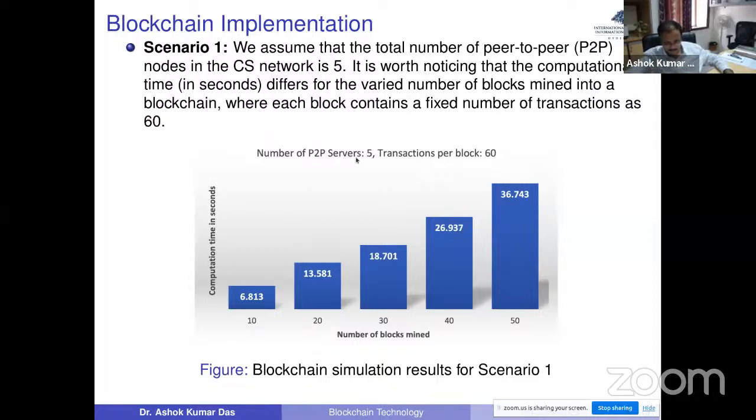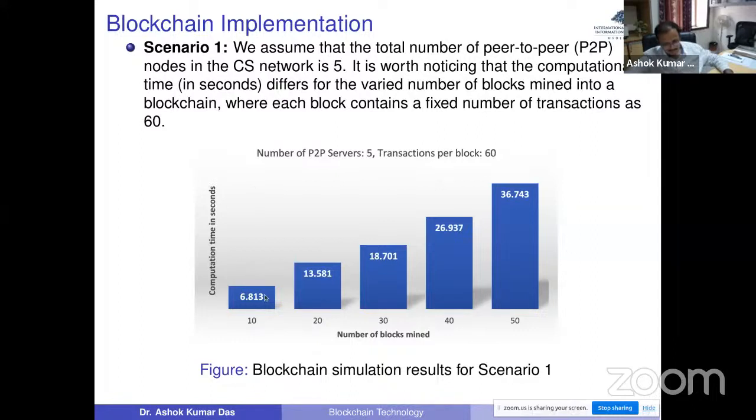We have created the virtual servers. Then we have taken the number of transactions per block as 60. Then we mine, for example, 10 blocks, computed the computational time in seconds, then 20 blocks, 30 blocks, 40 and 50 blocks mined. So we measured the computational time required for the mining purpose using our consensus algorithms.